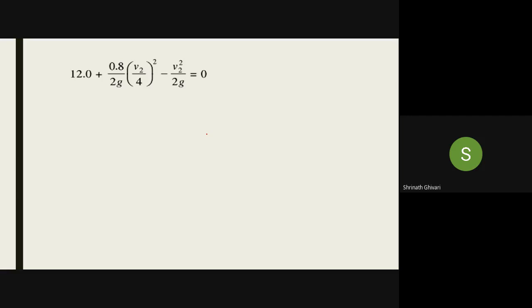Can anyone calculate the value of V2? You don't require any other values from here.